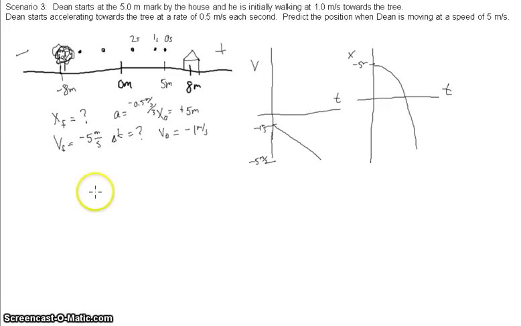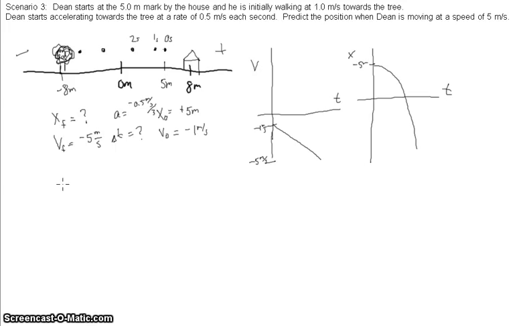Alright, now we have to determine where Dean is. So we have to find an expression that has the final velocity, the initial velocity, the acceleration, and the final position. If you look down your list, the first one relates the initial velocity, the final velocity, acceleration, and time. Well, we can solve for time, but we're looking for final position. If you go to the third one down the list, change in position equals v_i delta t plus 1/2 a t squared.